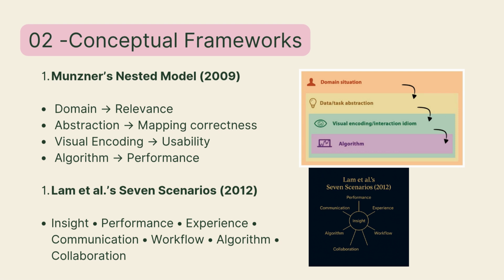And second, the seven scenarios framework, which describes seven evaluation goals: insight, performance, enhanced experience, communication, workflow, algorithm, and collaboration. This model helps researchers choose what to evaluate and how to do it systematically.